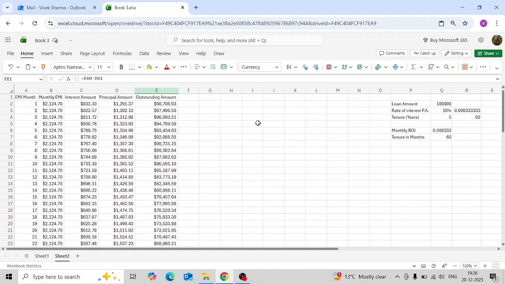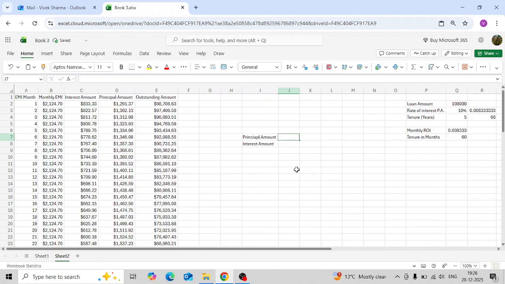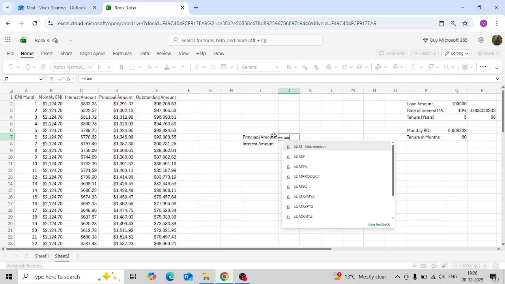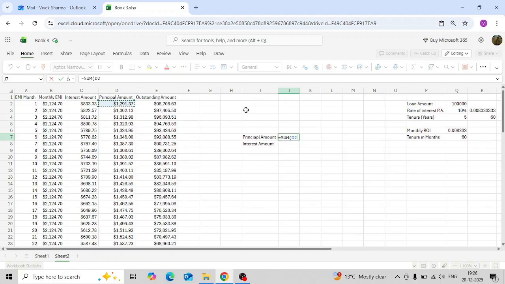So this is the entire calculation of the amortization table. Now we calculate the total interest amount. If you see the principal amount and the interest amount, we can simply sum them. For the total principal amount we will get the same value.